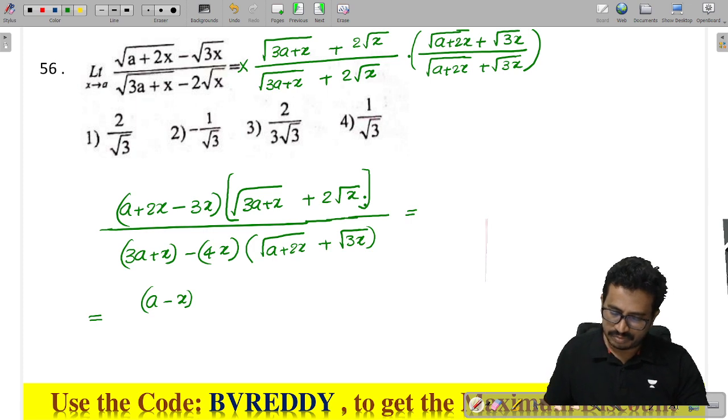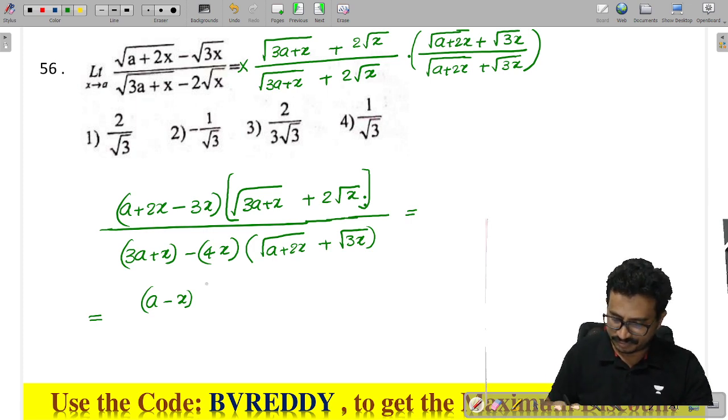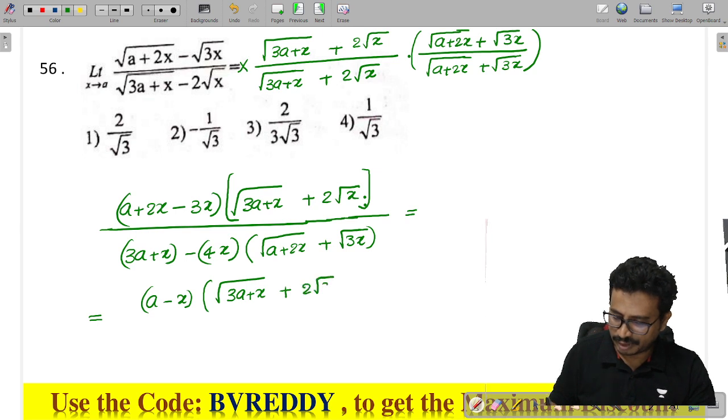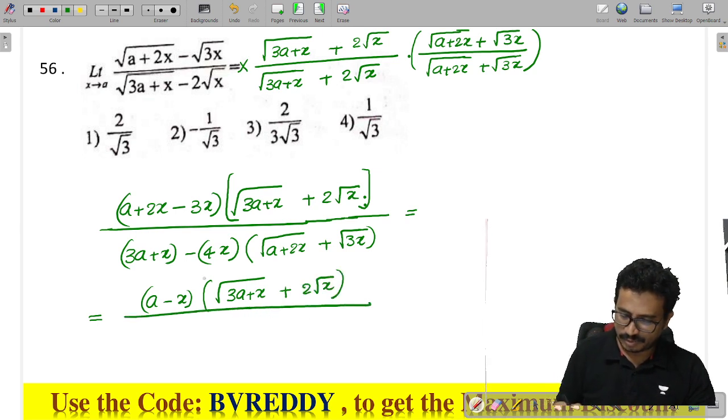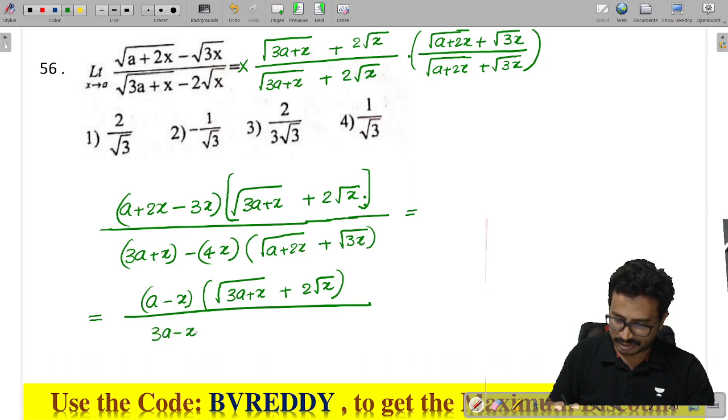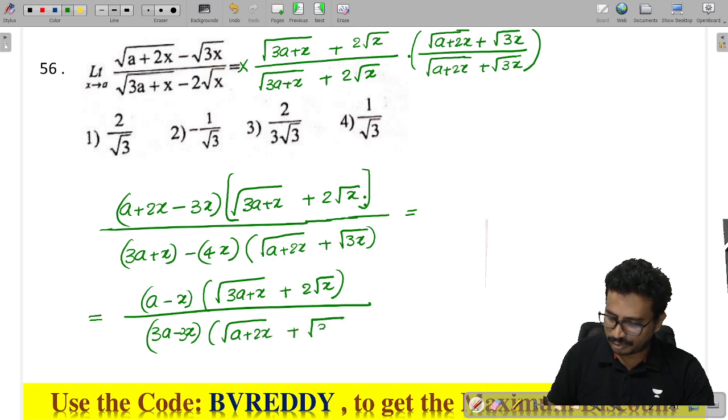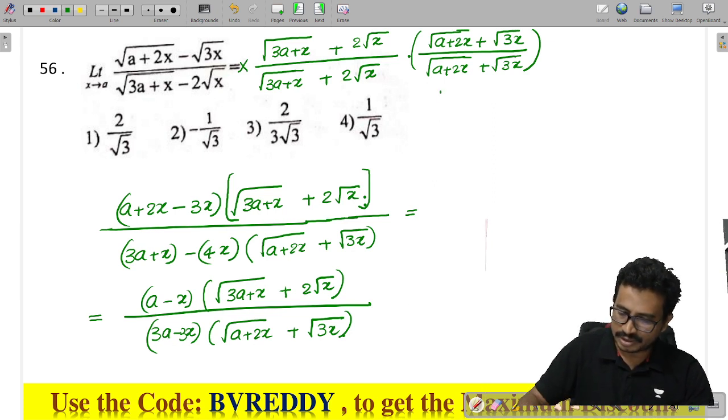Okay, so that means better we'll go for L'Hospital only thereafter. So this is 3a plus x plus 2 into root x by, now here you see this thing, which is equal to, now this is 3a minus x minus 3x, 3a minus 3x into square root of a plus 2x plus root 3 into x. Okay, here I can take 3 common, a minus x will get cancelled.